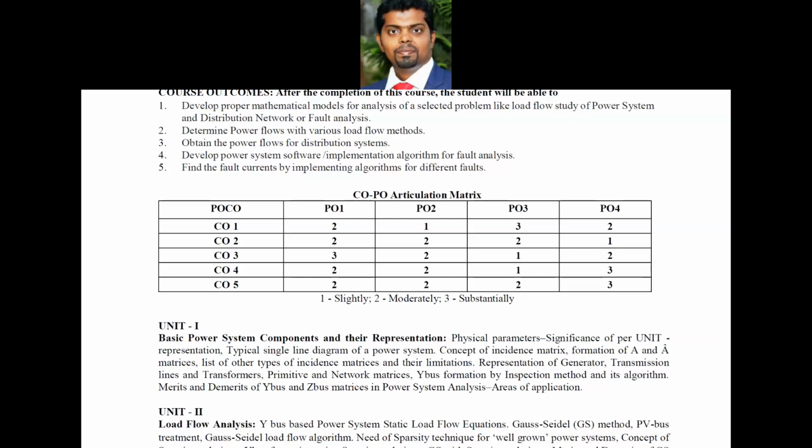Then formation of the Ybus matrix by inspection methods and what algorithm you need to follow for the formation of the basic Ybus matrix, as well as Ybus formation using the inspection method, that we are also going to analyze.